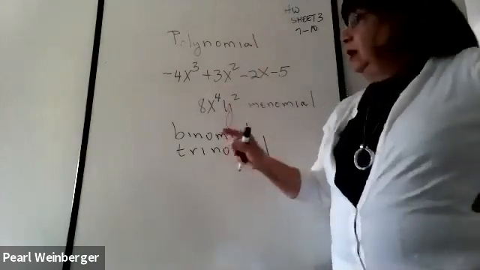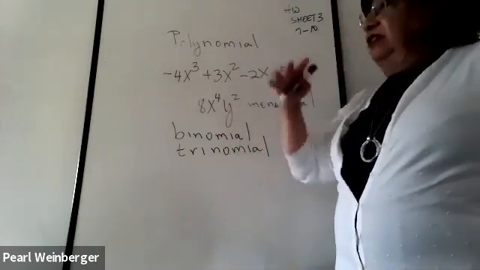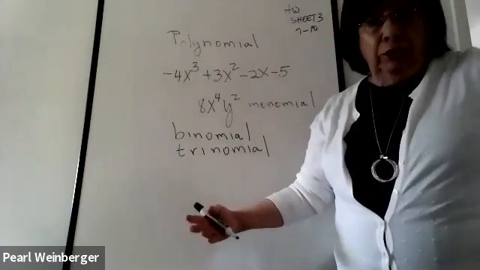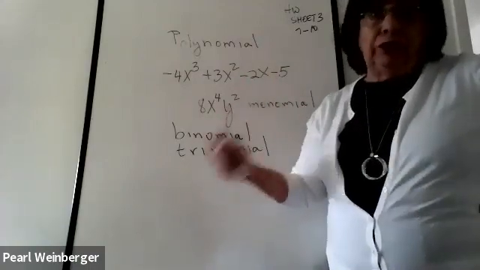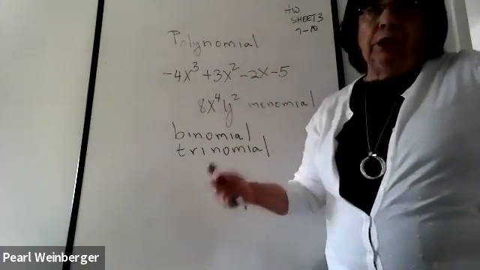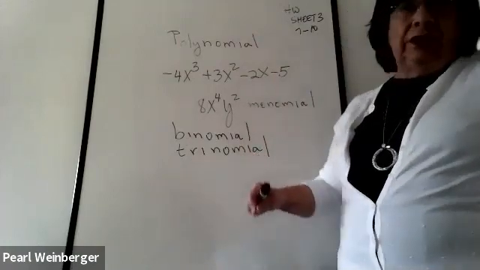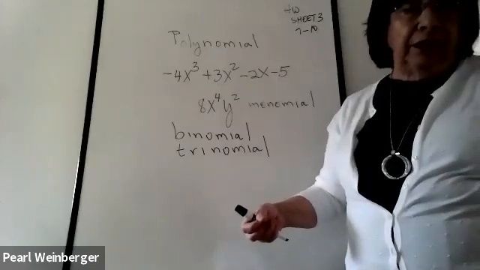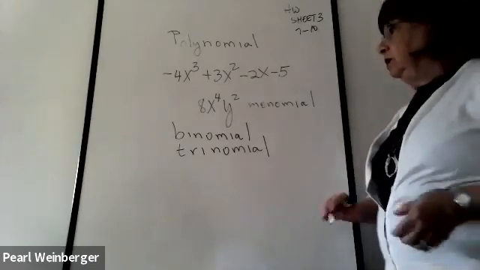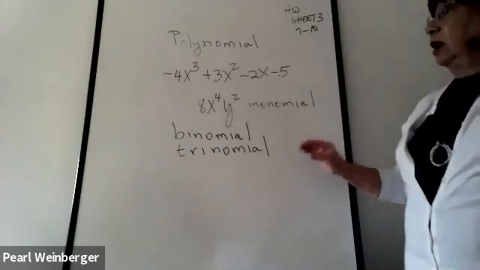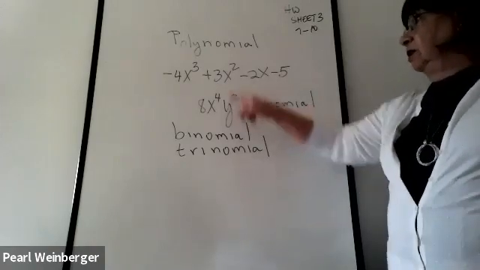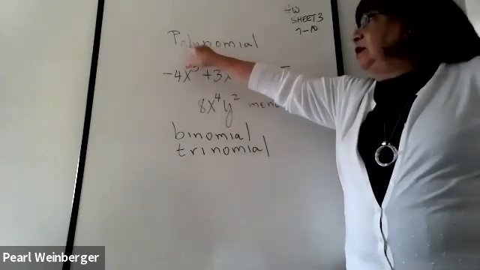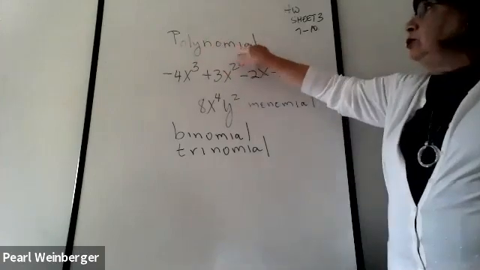And even in this chapter where we're talking about polynomials, sometimes we will also talk about monomials in that chapter, because in order to do things with polynomials, we have to first know how to do things with monomials, with single terms. The word, if you think about it, actually tells you what it is.